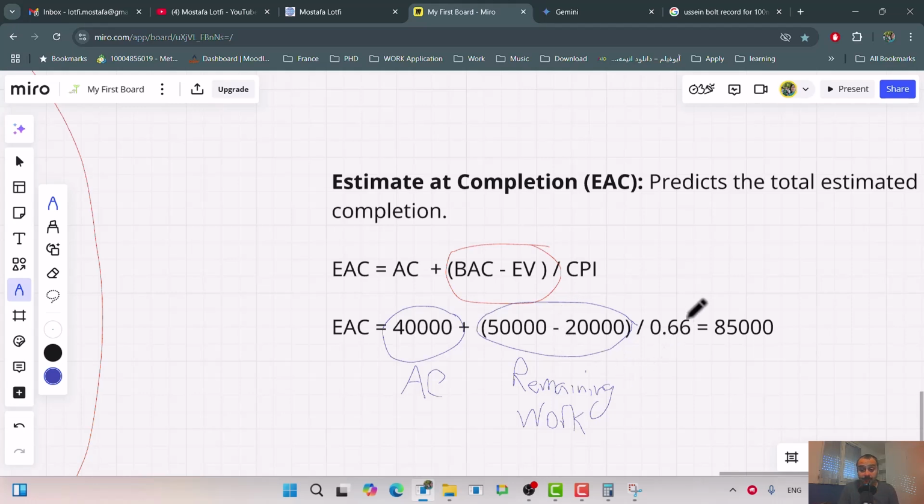And your current CPI, your cost performance index is 60%. So based on what you actually spent and the amount of work that remained and your performance, we expect, this is an estimation, we expect that you complete this project at 85,000.